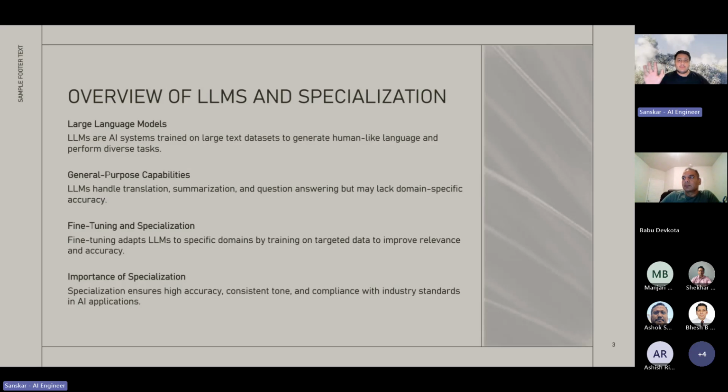It's so massive you can't even fathom how big that data set is. And the whole point is to generate human-like language and perform tasks, right? We know this. We know LLMs can handle translation, we can do summarization and questions and answers, but it might lack in a lot of domain-specific knowledge. So how many of you guys have used ChatGPT and asked it to code in a really not popular language, maybe like Rust or something, and it just gets it wrong?